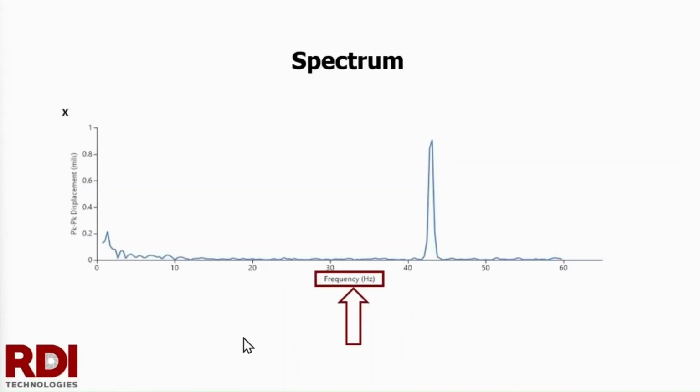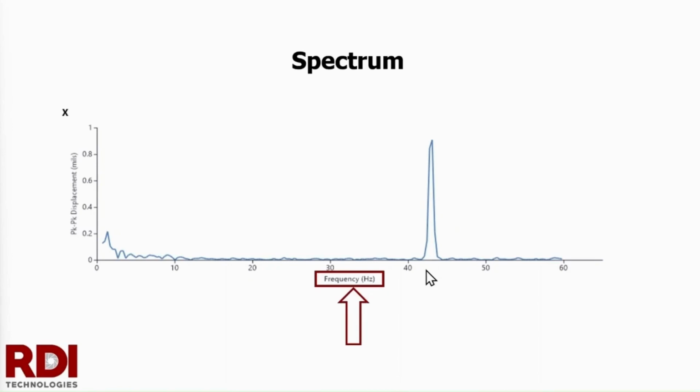So looking at the frequency scale of the spectrum now, which is the horizontal axis at the bottom, the location of the peak identifies the frequency of this vibration. So note here that it says frequency in hertz, and the peak falls at about 42.